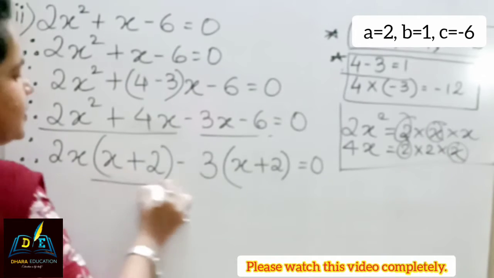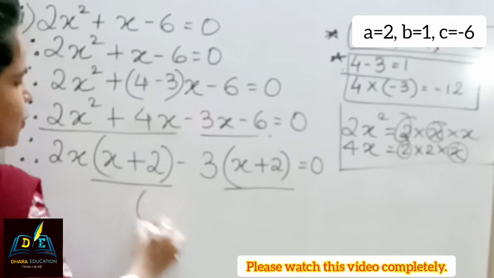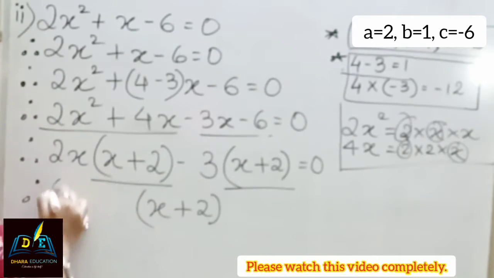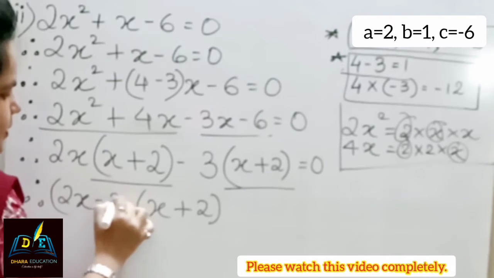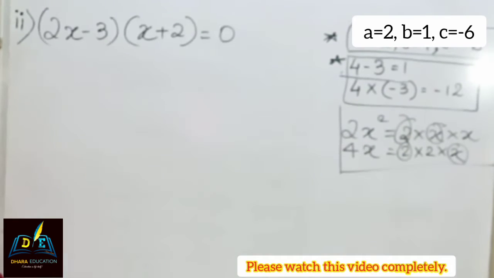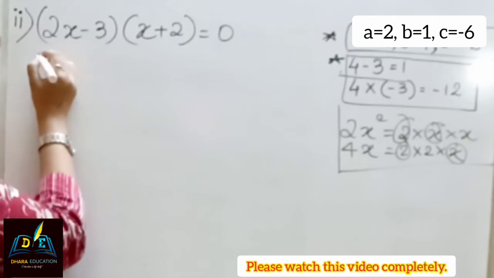Correct? This is common. So we will write this over here. And what is left over here is 2x minus 3 is equals to 0. So now students, I have written this for your understanding.